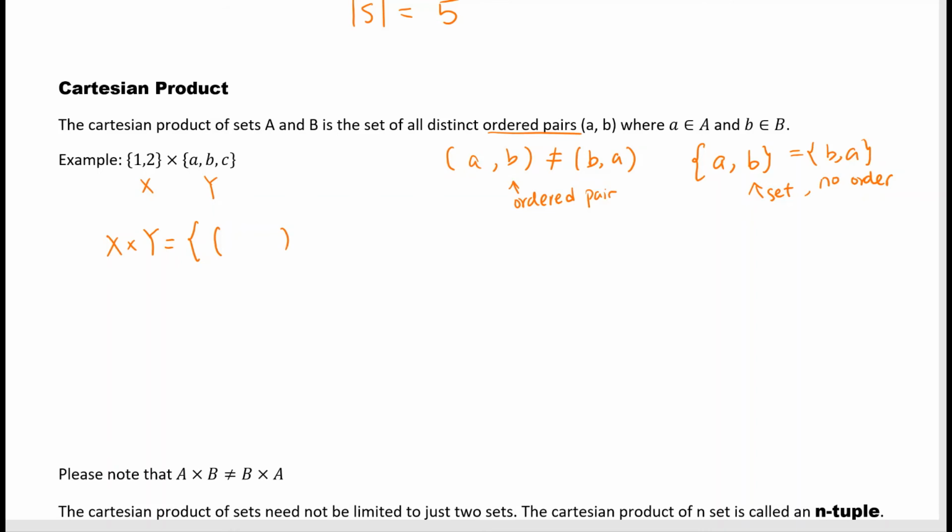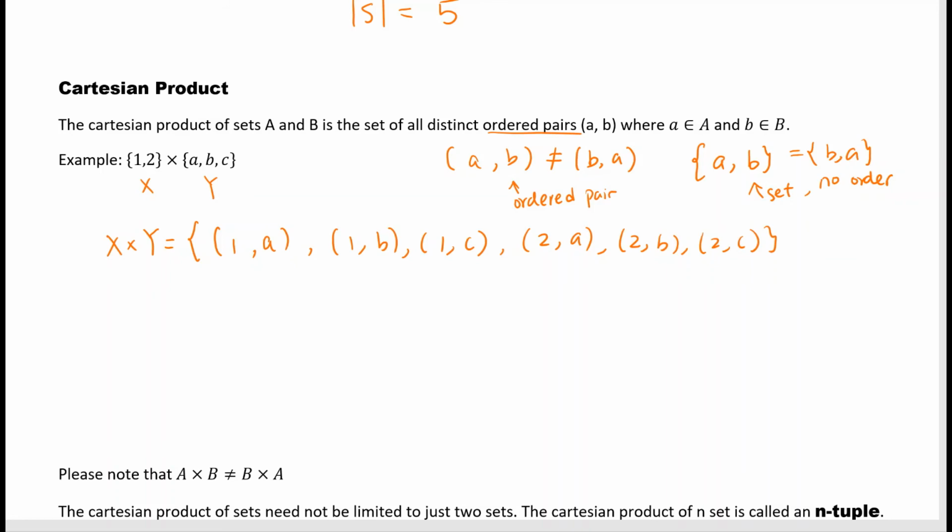Alright, so X cross Y is: we pick one element from X, so that's 1, and one element from Y, it could be a, and then we can have 1b, 1c, and we can pick 2a, 2b, and 2c. So how many elements are there?